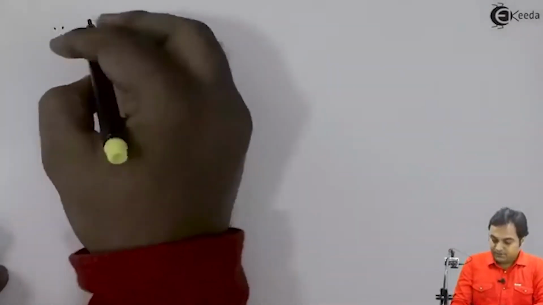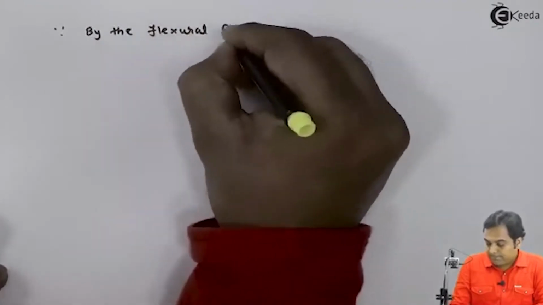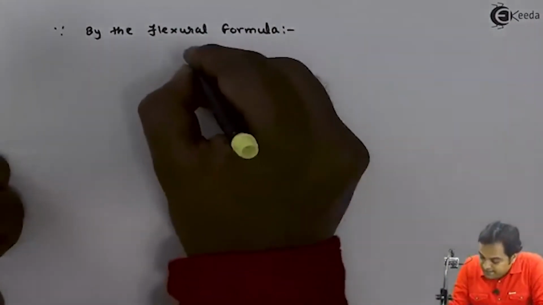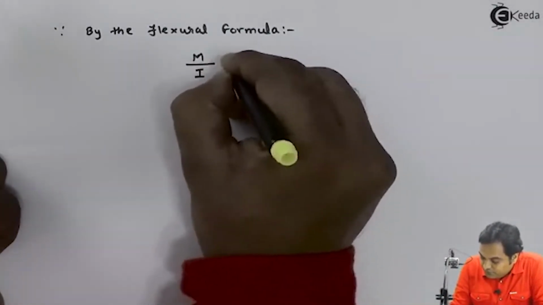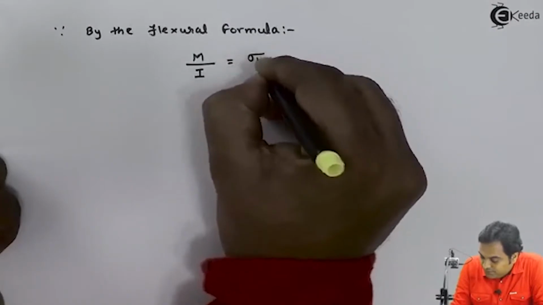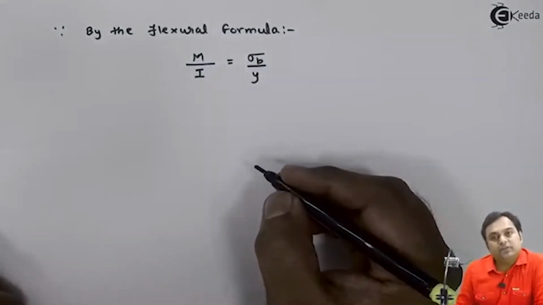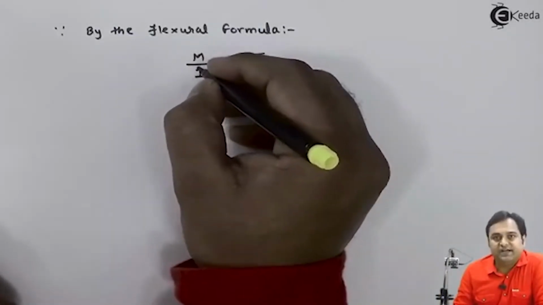Since by the flexural formula, we have M upon I is equal to sigma b upon y. Since I want to calculate moment of resistance, for M I have to add suffix r.